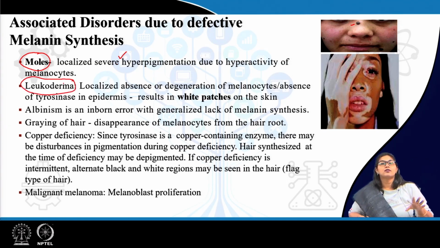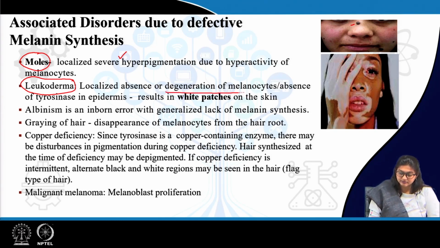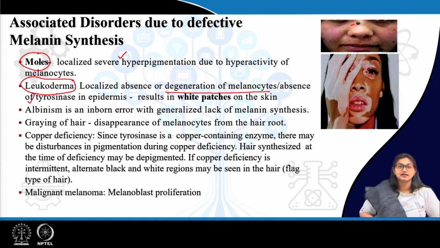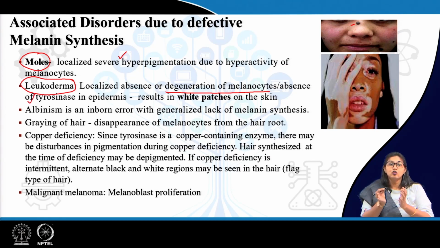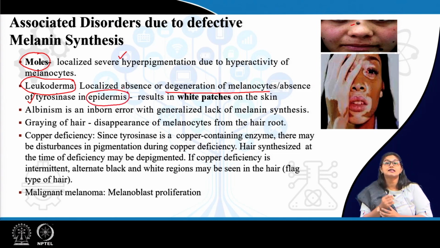Now, leukoderma is basically absence of melanin, where there is degeneration of the melanocytes, or absence of the enzyme tyrosinase, which causes localized absence of melanin in the epidermis of skin, which causes white patches.